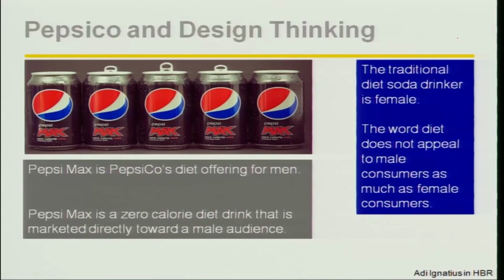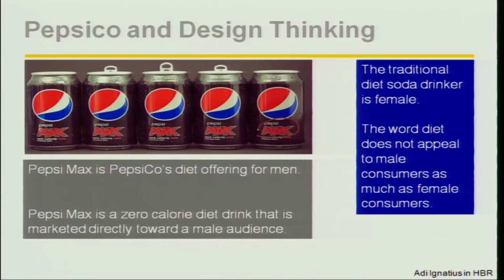And so they said, let's come up with something targeted at the men. So Pepsi Max, which is PepsiCo's diet offering for men, is a zero-calorie diet drink that is marketed directly towards a male audience. So they call it Max. They don't call it diet, right? So this is how you can see, within constraints... Remember, we talked about constraints, and there are many people who say, oh, this has too many constraints, I cannot innovate in this.